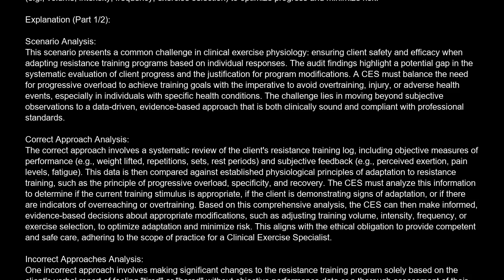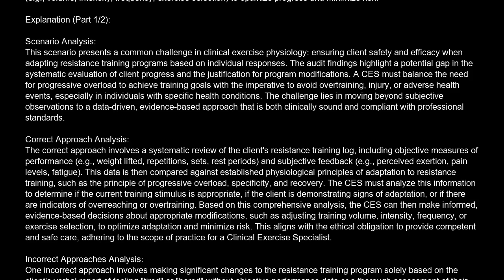Explanation. Scenario analysis. This scenario presents a common challenge in clinical exercise physiology, ensuring client safety and efficacy when adapting resistance training programs based on individual responses. The audit findings highlight a potential gap in the systematic evaluation of client progress and the justification for program modifications.